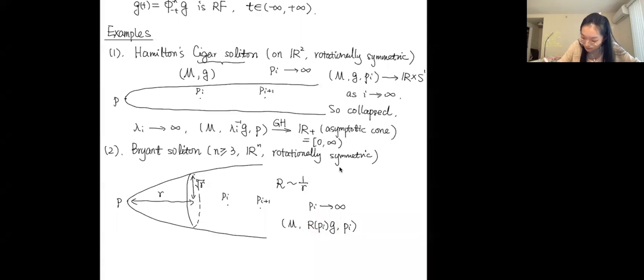Then this will smoothly converge to the three-dimensional cylinder as i goes to infinity. This cylinder is a non-collapsed manifold, which implies that the Bryant soliton is also non-collapsed.